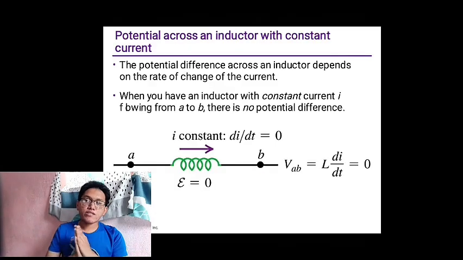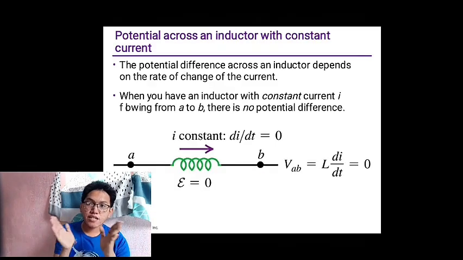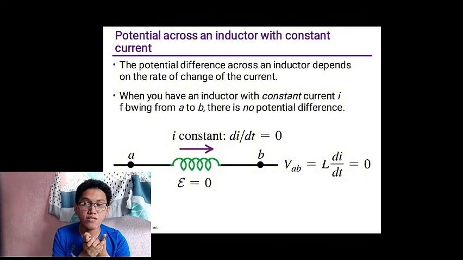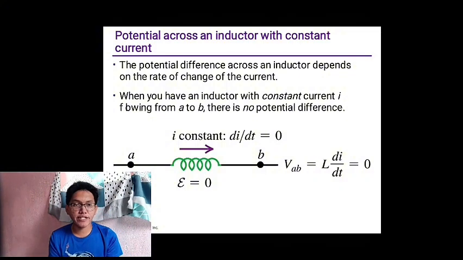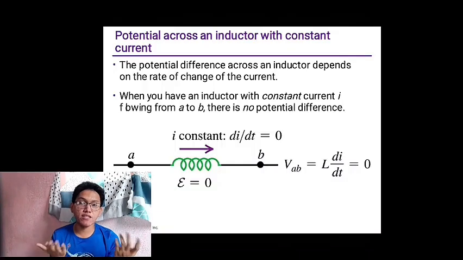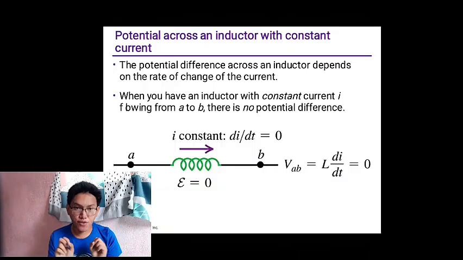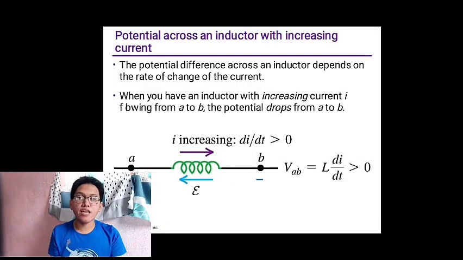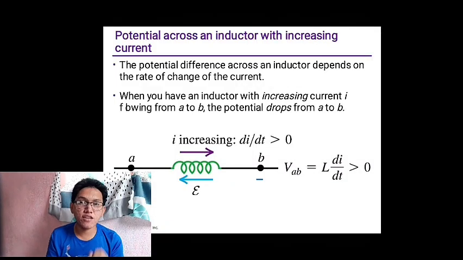So, an inductor with constant current: when the current through an inductor is constant, the rate of change of current is zero. Therefore, the potential difference across the inductor is zero. Okay? So, an inductor with increasing current: when the current is increasing, the inductor produces a potential difference that opposes the increase in current.